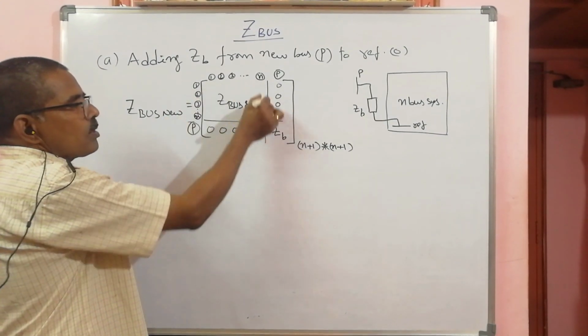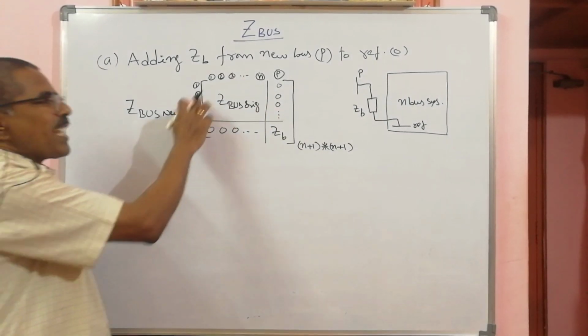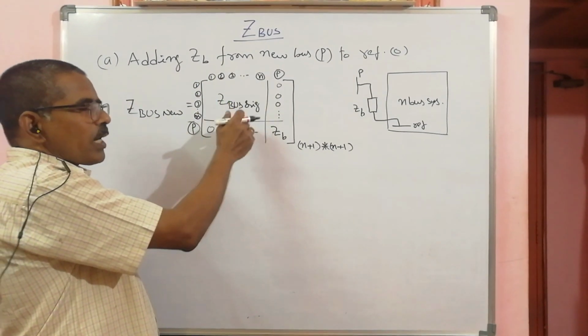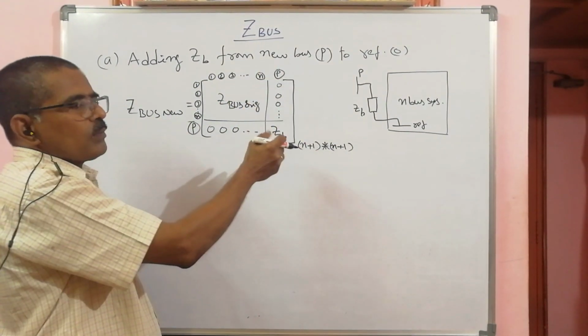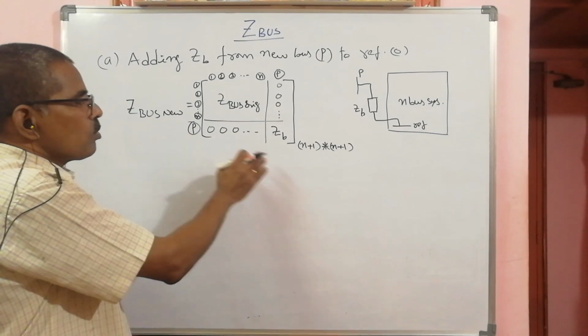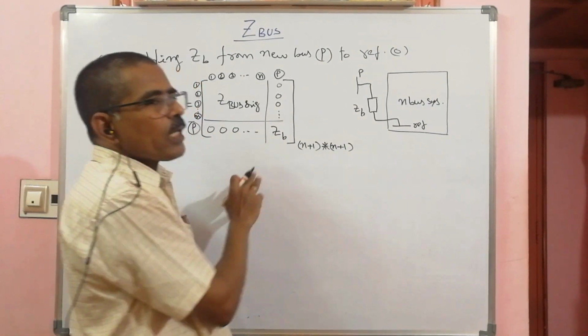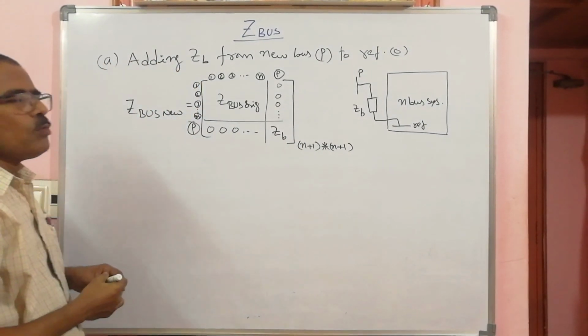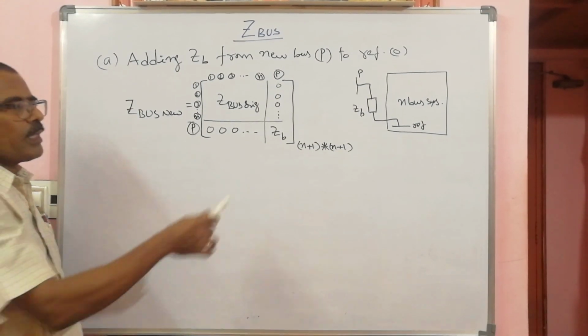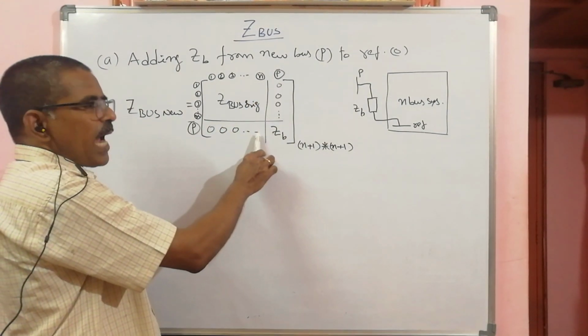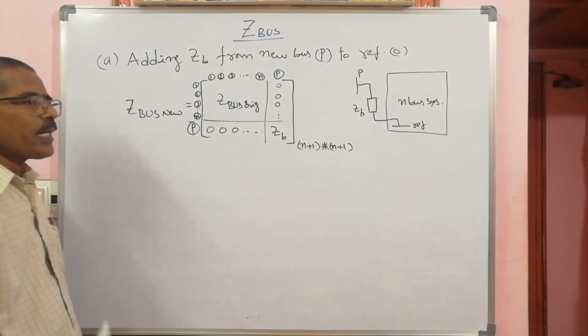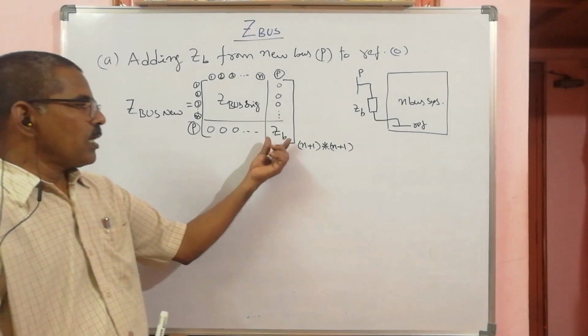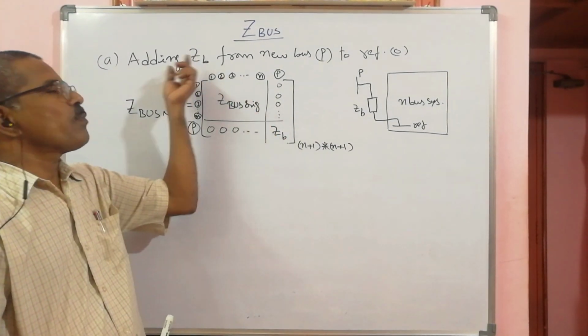So old Z bus is n by n dimension. You are raising its dimension by 1. So that Z bus new, it must be n plus 1 by n plus 1. So what is that new row and column? They are all simply zeros except this diagonal. The diagonal is to be substituted with ZB.